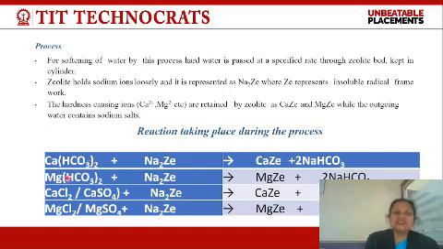When it reacts with calcium bicarbonate, it will capture the calcium and give sodium bicarbonate. When zeolite reacts with magnesium bicarbonate, it will capture the magnesium ion and give sodium bicarbonate. Same with chloride and sulfate: when it reacts with calcium chloride and calcium sulfate, zeolite will capture calcium ion and give sodium chloride and sodium sulfate.